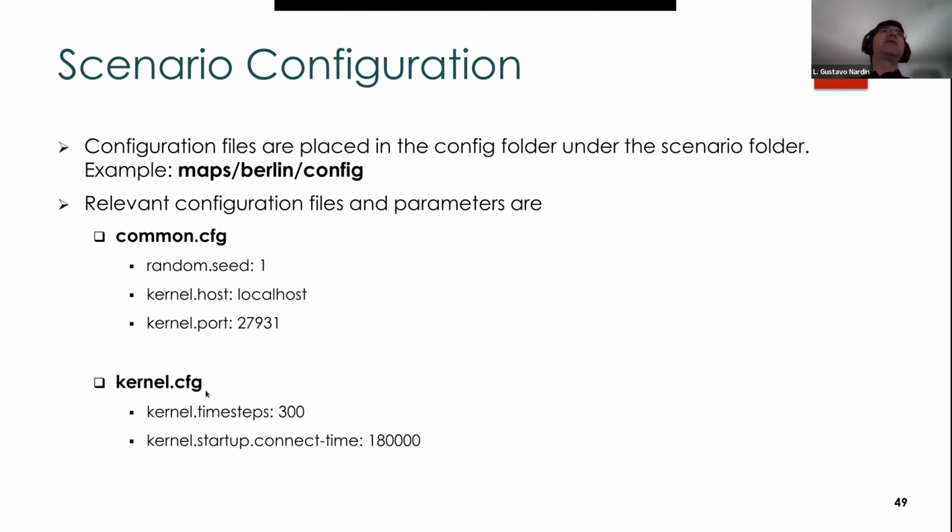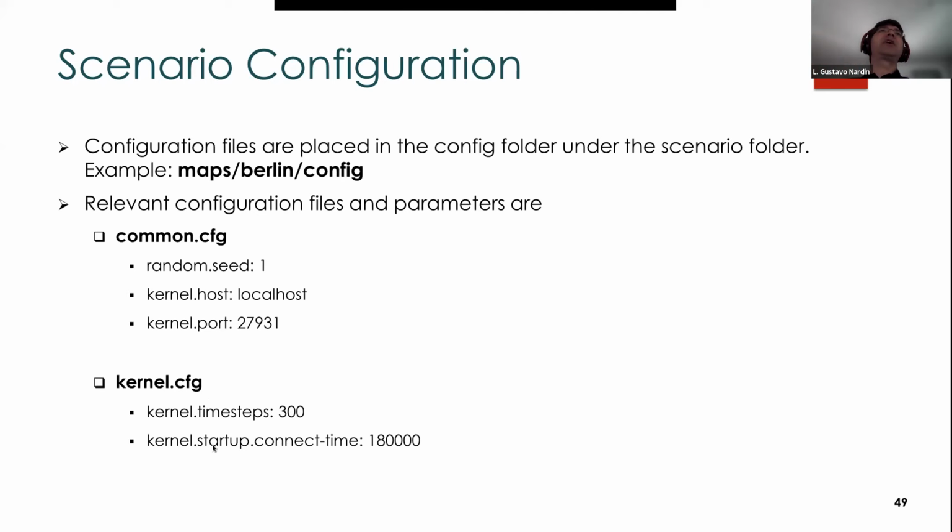Then we have the kernel.cfg, which has a parameter called kernel.timesteps, 300. Kernel.timesteps is the name of the parameter. 300 is the number of cycles the simulation will run. We don't have a minimum or maximum. You can put whatever number you want.